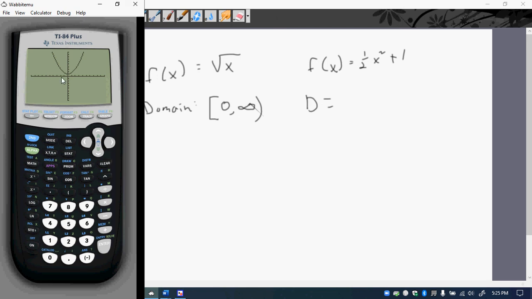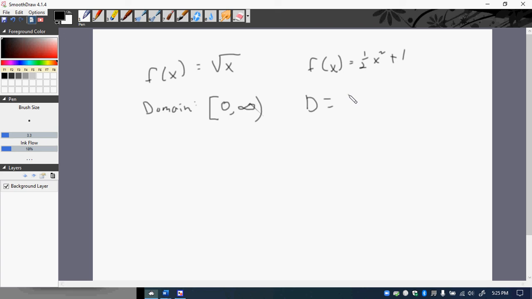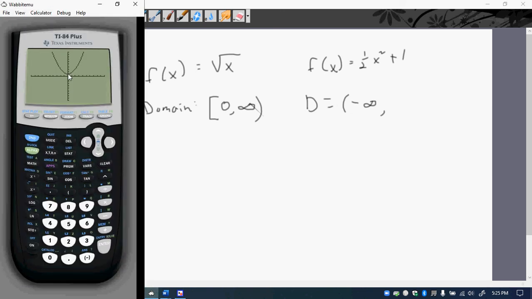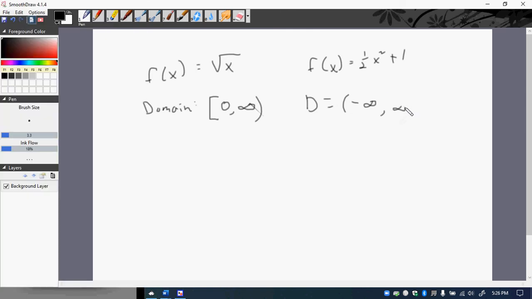So I now know that my lowest point is going to be negative infinity, and then it looks like it's going to be that way going in the other direction because this curve keeps going as well, and so that's going in the positive direction forever. So we now know that that becomes infinity for this one.